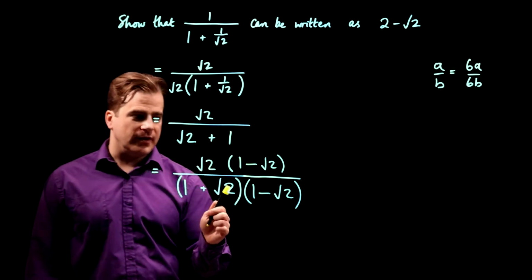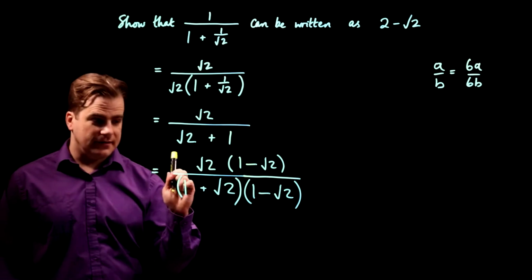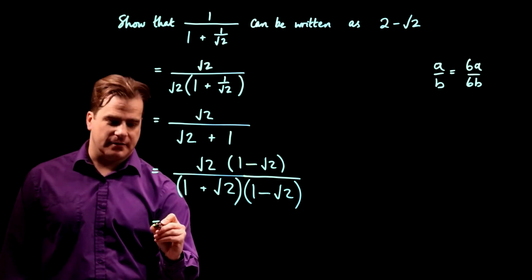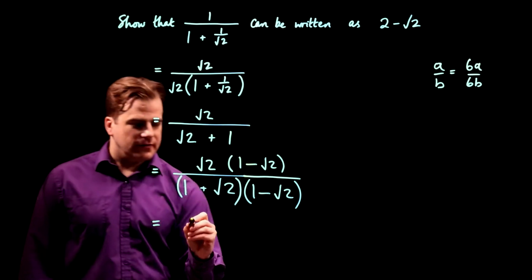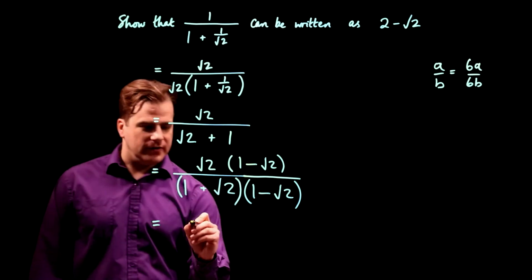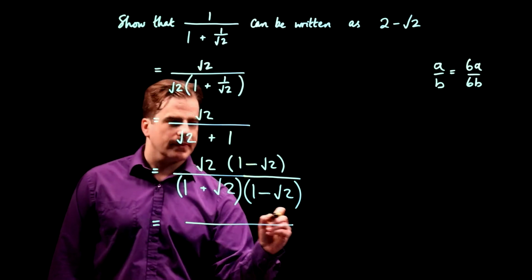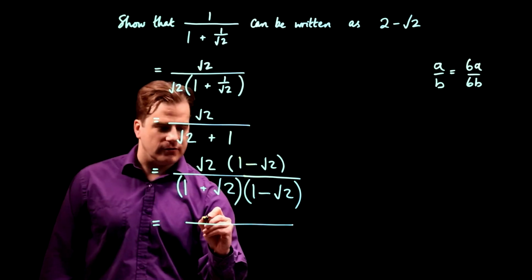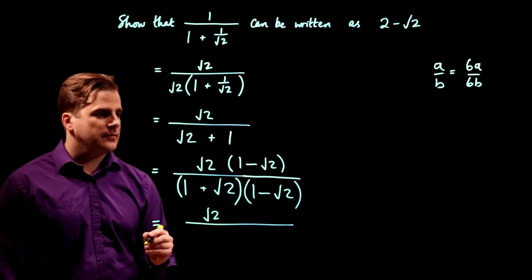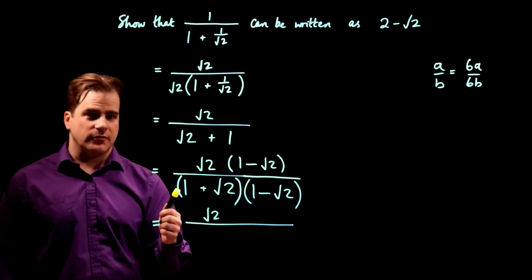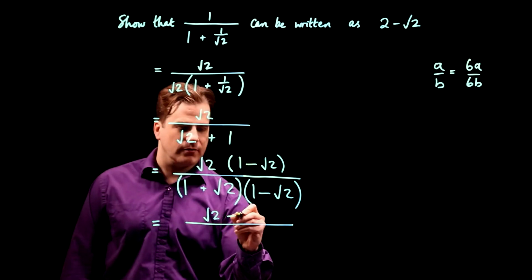And the reason we do this is this. You'll see when we multiply this out. So let's multiply out the top first. What do we get? Root 2 times 1 is root 2. Root 2 times minus root 2. Root 2 times root 2 is 2, so it's just minus 2.